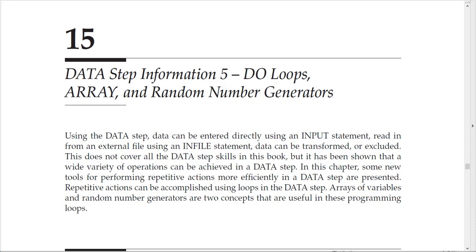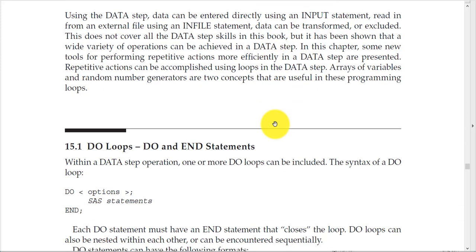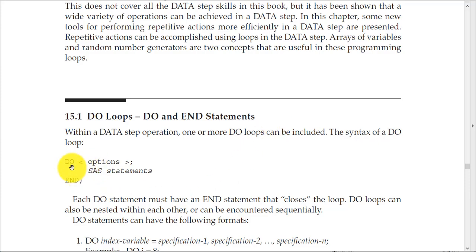So do loops are for how to manipulate things in a repetitive fashion in a data step. And so we'll begin with do loops. It's called a do loop because it's inside the data step, so there's a data statement above this somewhere, and every do statement must have an end.